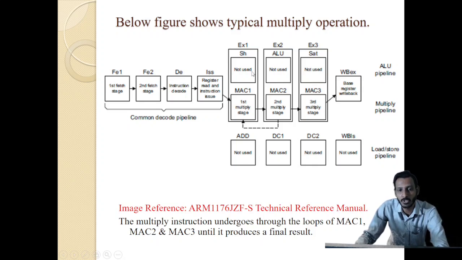Next, during multiply and accumulate, come MAC1, MAC2 and MAC3, and after these 3 stages the final result is seen in the base register write back. We always have to remember that whenever a multiply instruction is executed by the processor, it always goes through these 3 stages, MAC1, MAC2 and MAC3, until the final result is observed in the WBX register.